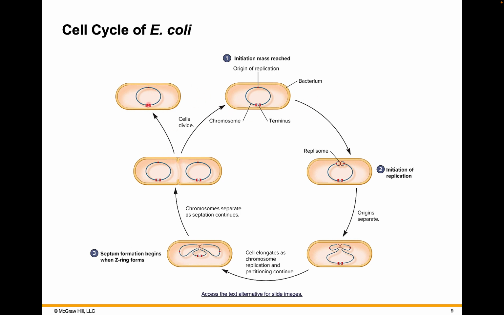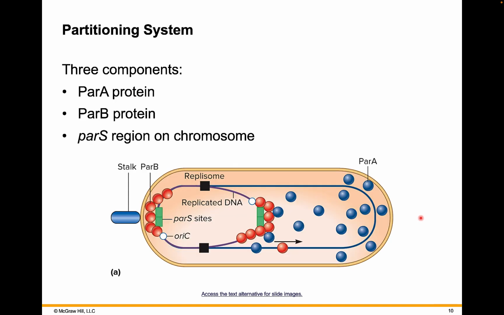You can see that two cells are formed, and one of the cells will undergo another division. This is a typical cell cycle that you see in E. coli.